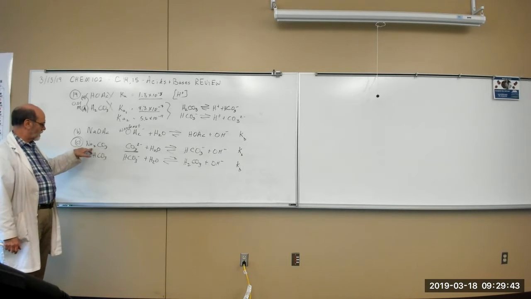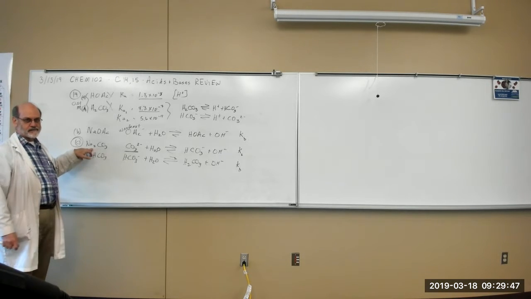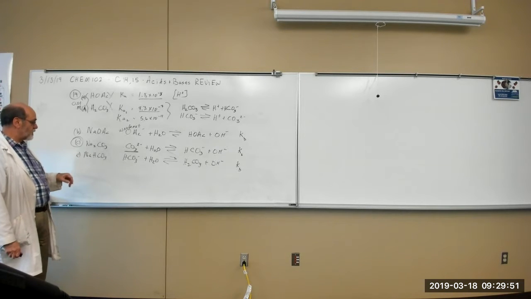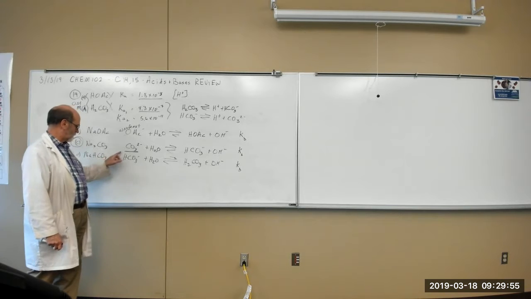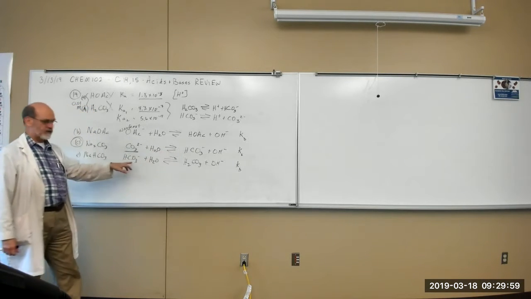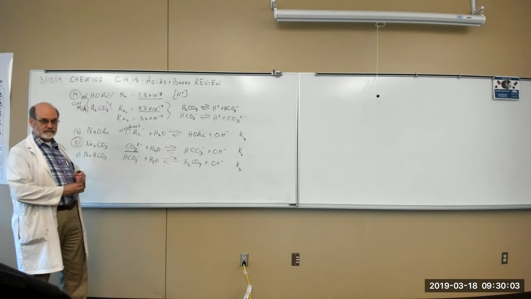This is called soda lime. Okay. And we do use it in the laboratory because it has a higher neutralizing value than this one does. Right? Because it'll pick up 2 protons, whereas this one only picks up 1. And what would you use it to neutralize?